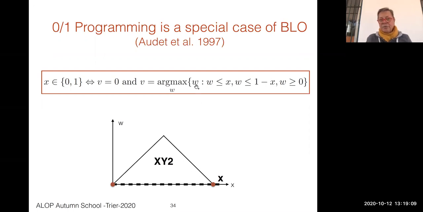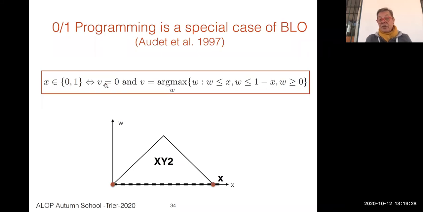In the second level, you maximize W. So the set of optimal solutions of the second level, depending on X, is given by this upper part of the triangle, okay?